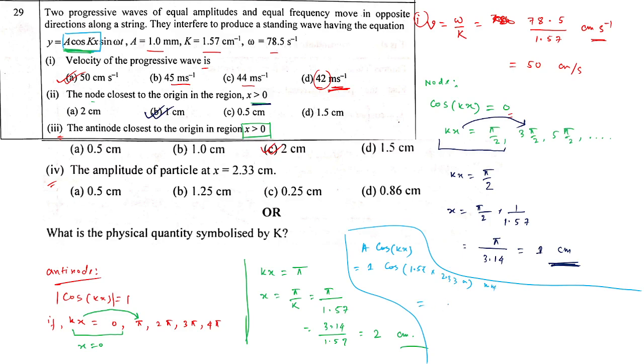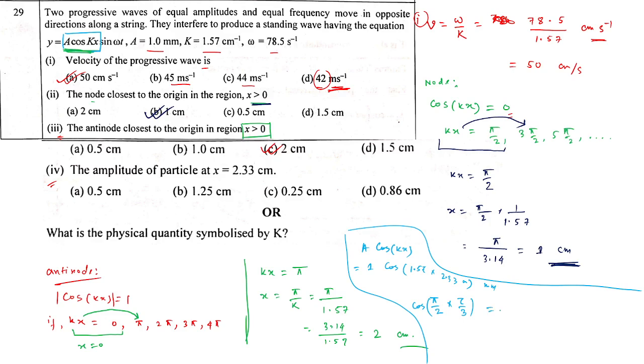Okay, cos 1.57 and 2.33. Correct. 1.57 means pi by 2, and 2.33 means 7 by 3. So this is cos of, so I am writing here, cos this one.